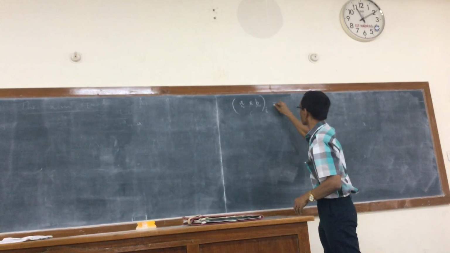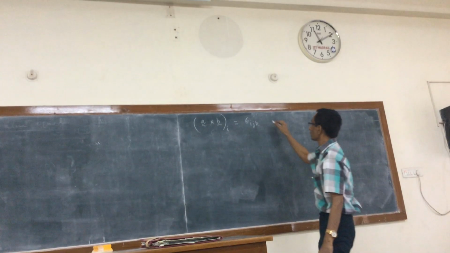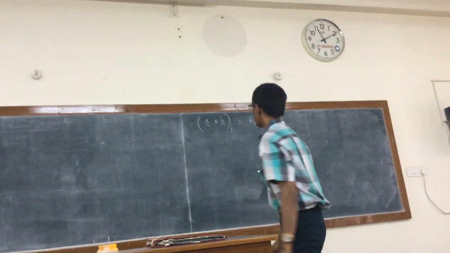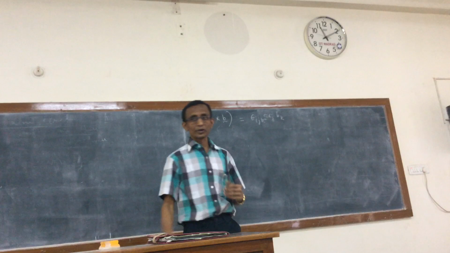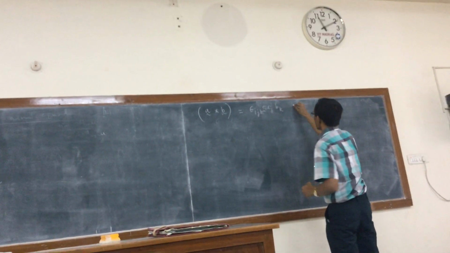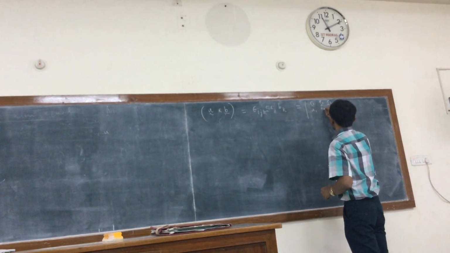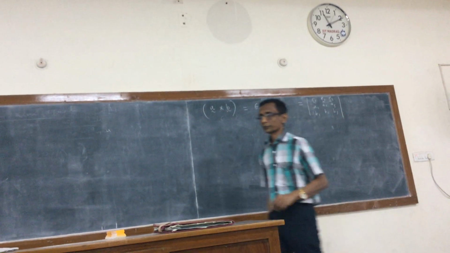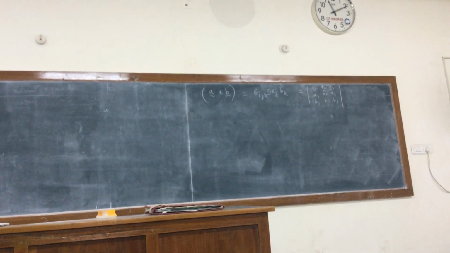So you can write the i component as epsilon i j k, a quantity which we have already introduced, a_j b_k. So the vector itself can be written in this manner, and in comparing with the formula for the determinant of a 3×3 matrix, I can simply infer that this is the determinant of the matrix, one of whose rows is given by the unit vectors E1, E2 and E3.